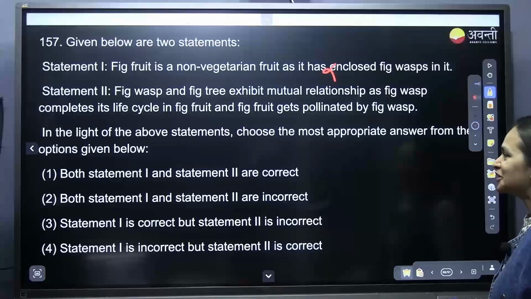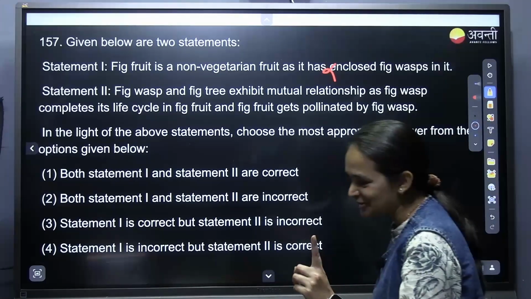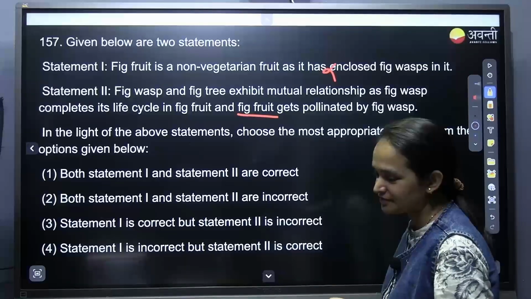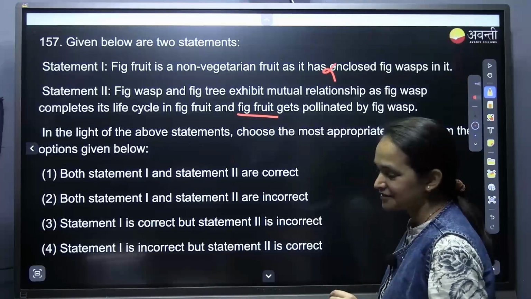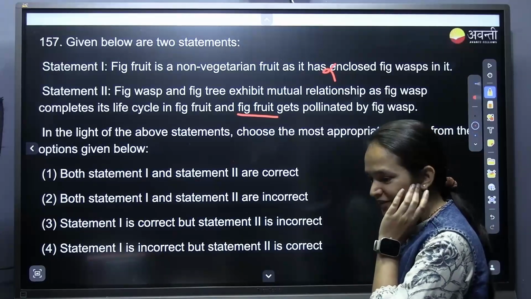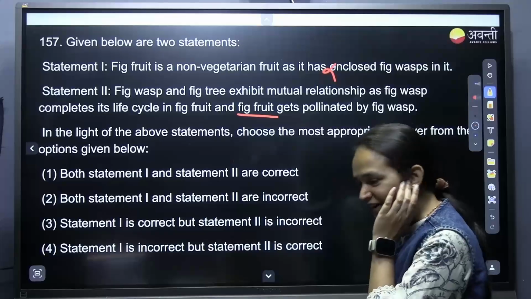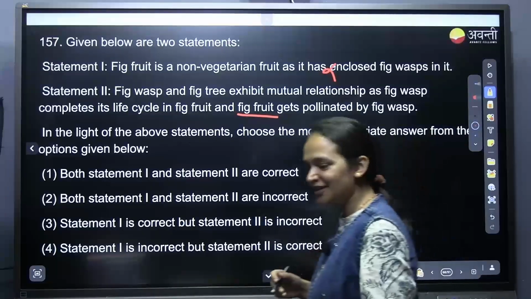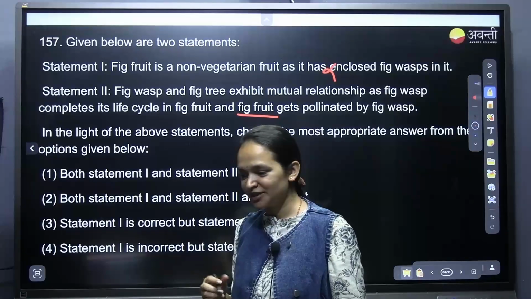So, statement 2. Fig wasp and fig tree exhibit mutual relationship. Yes. As a fig wasp completes its life cycle in fig fruit and fig fruit gets pollinated by fig wasp. Read carefully, children. Here it is written fig fruit gets pollinated by fig wasp. Fruit gets pollinated and flower gets pollinated. Tell me. Overconfidence means it is not flower, what it is given is fig fruit gets pollinated by fig wasp. You said true.